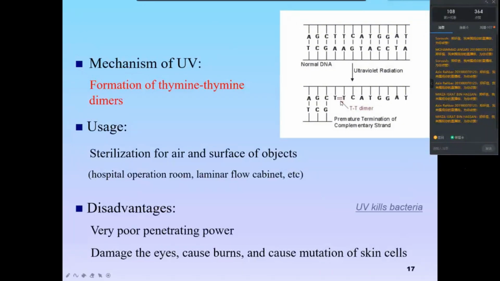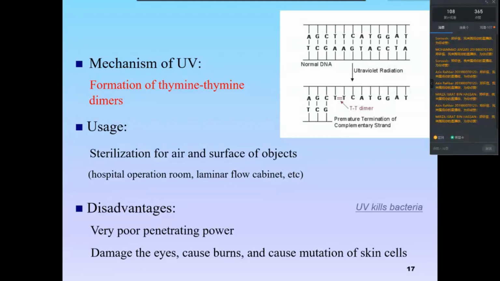When your DNA has this structure, which is a covalent chemical bond, your cell or the bacterial cell will try to fix the dimer. But if there are too many dimers in the DNA, the bacteria will die. So that's the effect of UV light on bacteria.